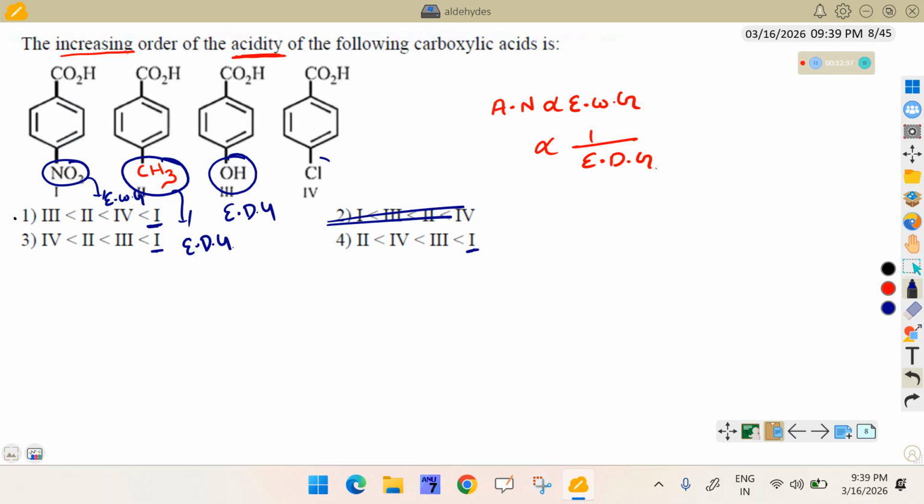Now you can consider CH3, OH, Cl. Cl, with respect to the inductive effect, is an electron withdrawing group. With respect to the resonance effect, it is an electron donating group. So 3 after 2. 3 after 2, only one option is there, the first option. Remember, the remaining two are electron donating groups.